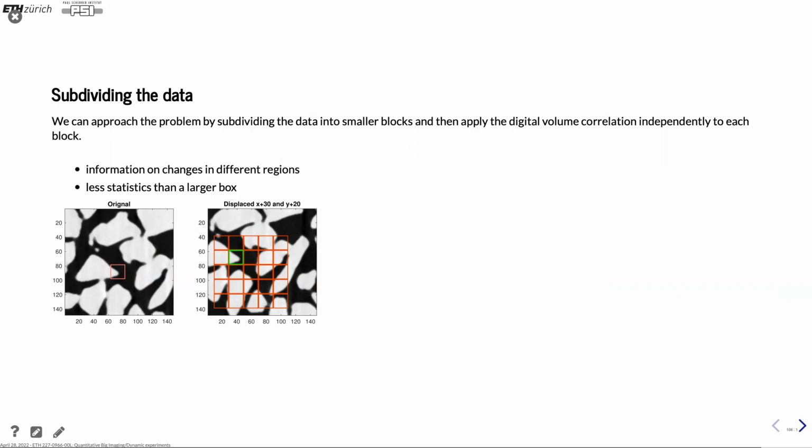So we look at this piece here, and then we correlate this box with a neighborhood, and then we see in which direction objects are moving within the image. This is not like before when we had grains that we identified, but here we really look at the gray level distribution, how it moves around in the image.